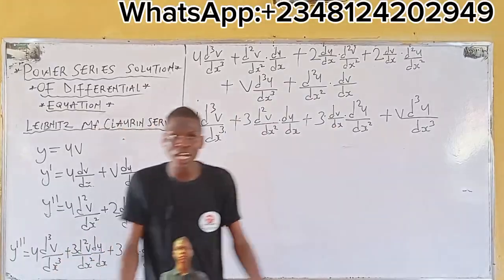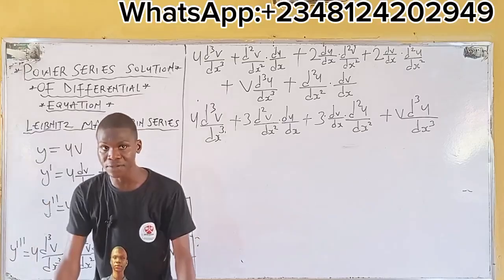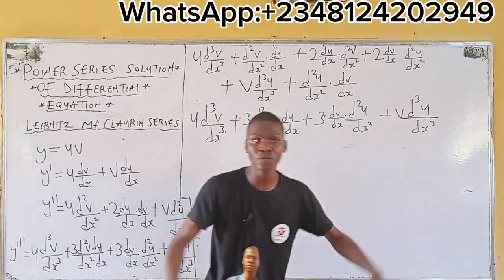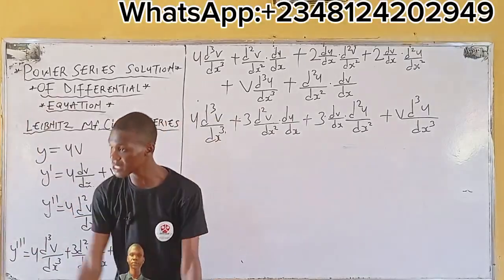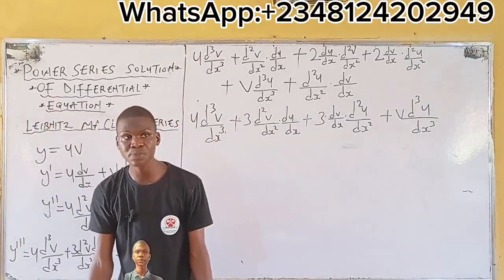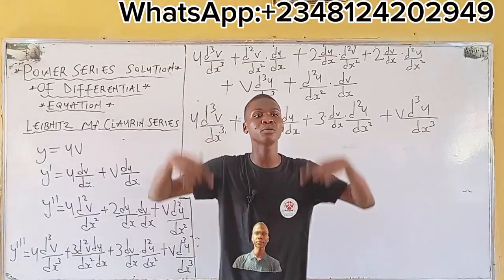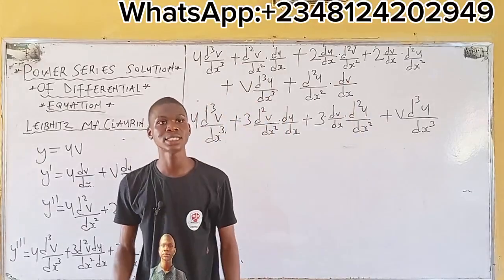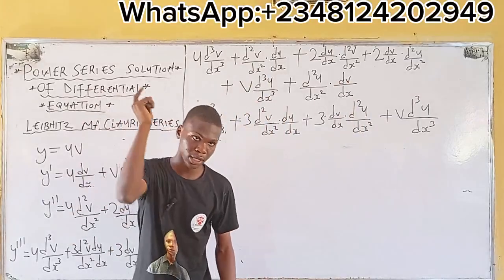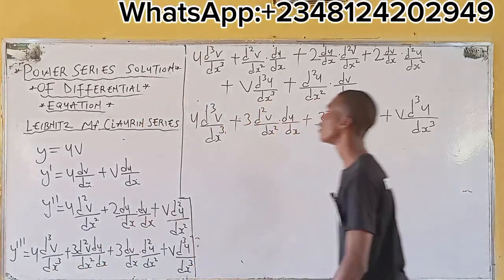I can use binomial expansion to find the second derivative, the third derivative, and the fourth derivative. If I can use binomial theorem to find the nth derivative of a particular function, then I have the series solution of that answer.